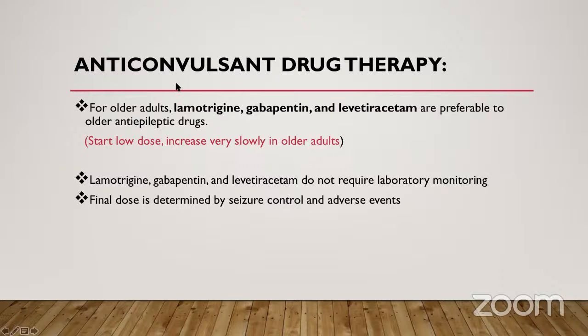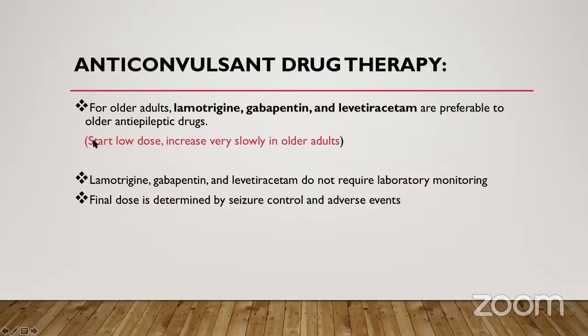Here are the anticonvulsant medications commonly preferred in the geriatric population, because anticonvulsant drugs are part of the polypharmacy that we usually try to avoid in geriatric patients. The three preferred medications are lamotrigine, gabapentin, and levetiracetam.